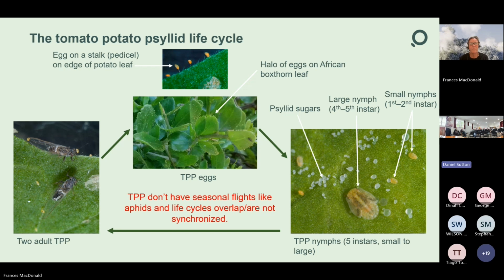Something really important, because most people are familiar with the aphid flights: TPP doesn't have a flight. There is no seasonal flight. There is no flight in early spring or whenever that they go from one host to the next host. They're just around in the environment. They fly around.